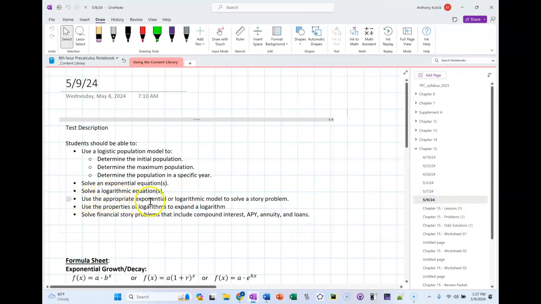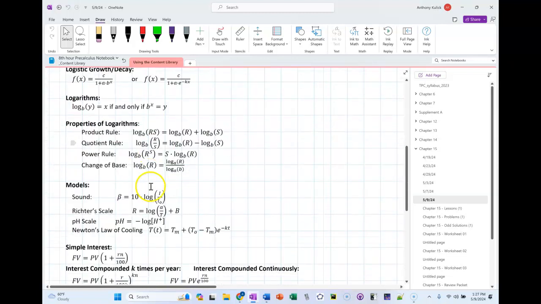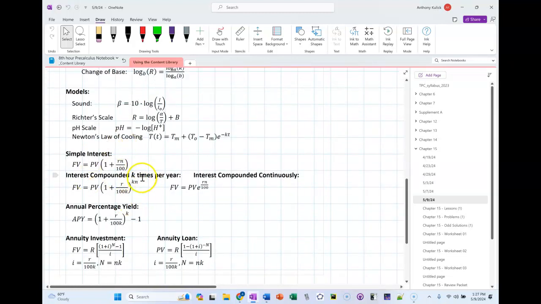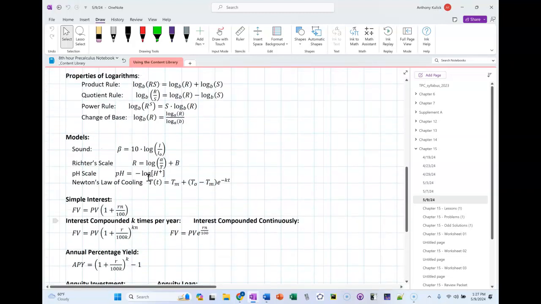You should be able to use the appropriate exponential or logarithmic model to solve the story problem. So that's like the decibels or pHs or earthquakes or cooling objects. If you look at the equation sheet that you get, all those models are in there, but what isn't in there?